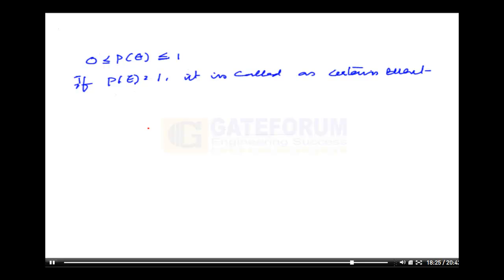Example: what is the probability of getting a natural number when you throw a die? Whenever you throw a die, you always get some number which is a natural number. Therefore we can say in this case the probability is 1.